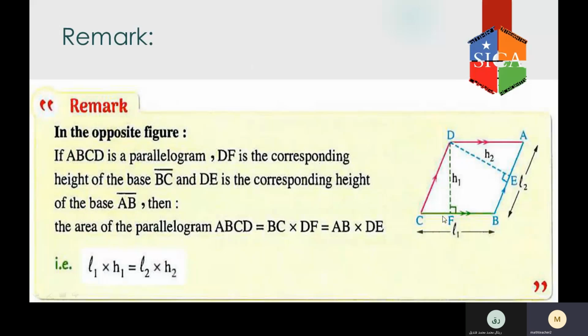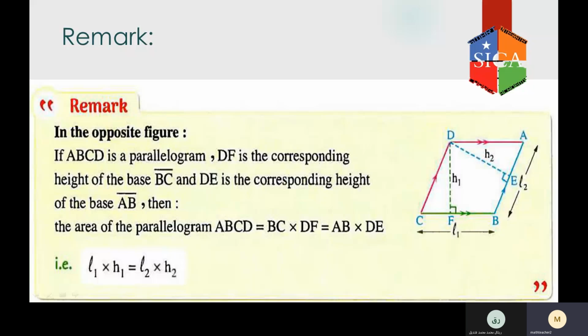Then we have two bases, which are two adjacent sides. BC and AB are two adjacent sides, and they are said to be the two bases.